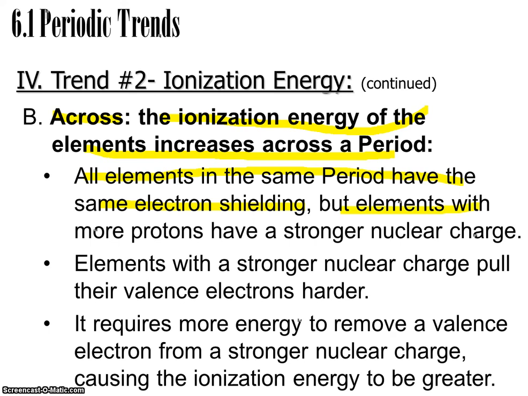But the elements with more protons have a stronger nuclear charge, and a stronger nuclear charge means they pull their valence electrons harder. If these electrons are being pulled on harder by the nucleus, it's going to require more energy for a thief to remove a valence electron, which means the ionization energy is greater.